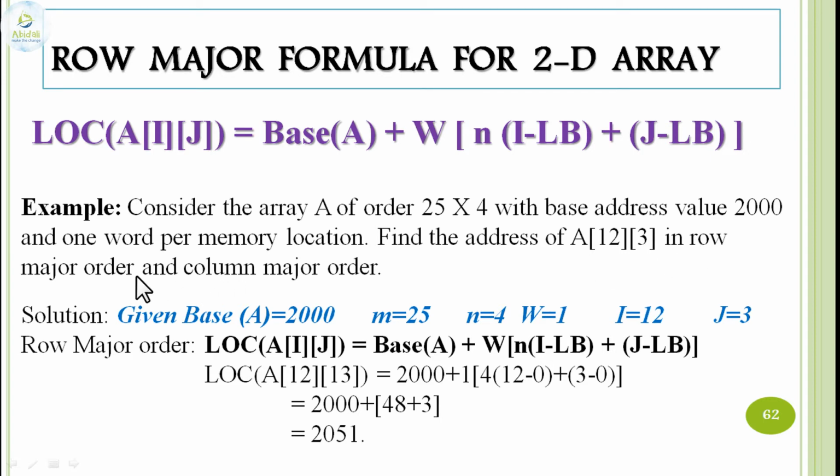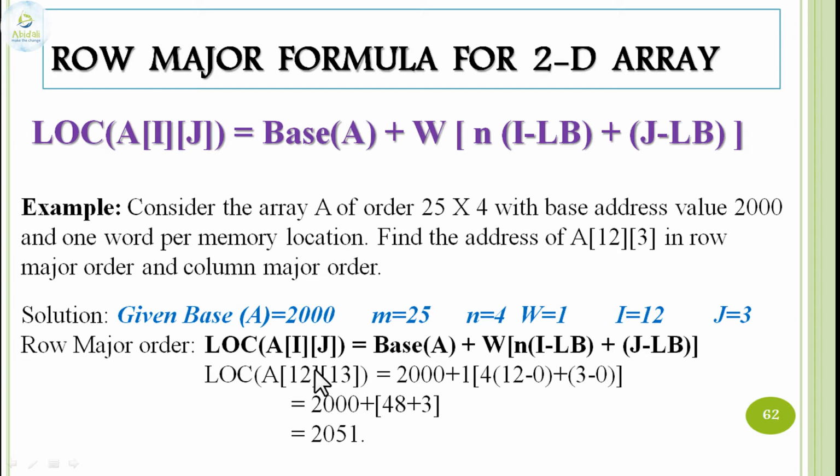We'll do it in both row major order and column major order. First we'll see the row major order. The given things are the base address of A, 2000, M is 25 and N is 4, the word length is 1, the I value is 12 and the J value is 3.